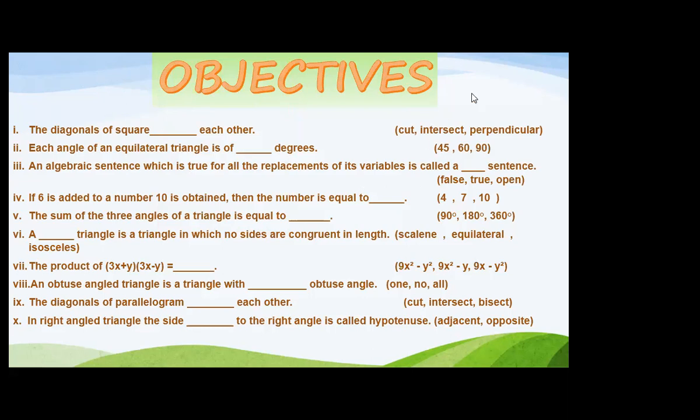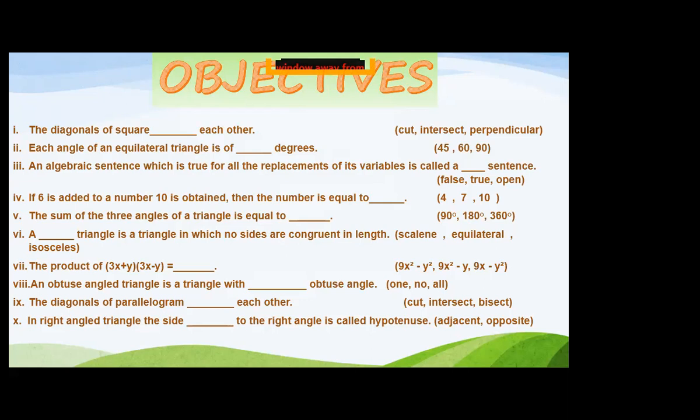I want Sada Zainab to unmute herself. Yes, Sada. True sentence. Very good, Sada, it is called a true sentence. When an algebraic sentence is true for any replacement of its variable, it's called a true sentence.